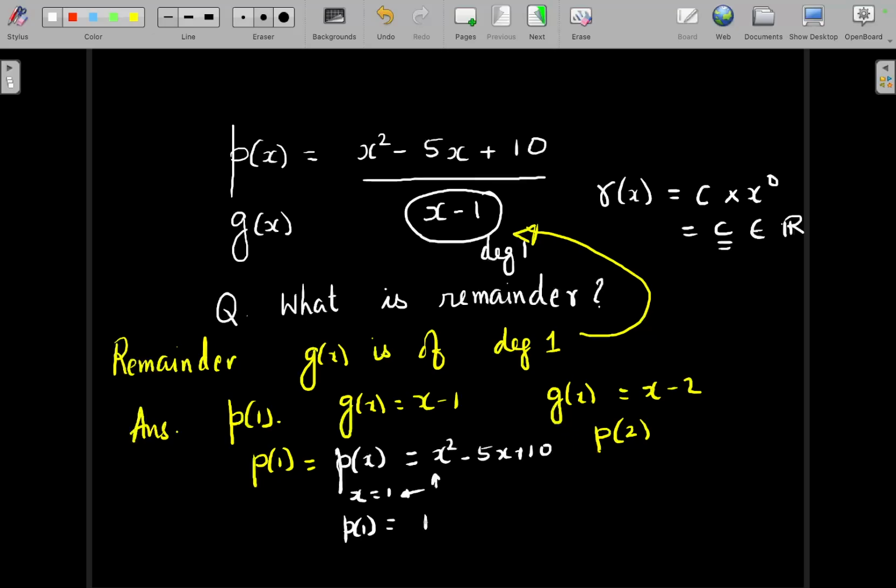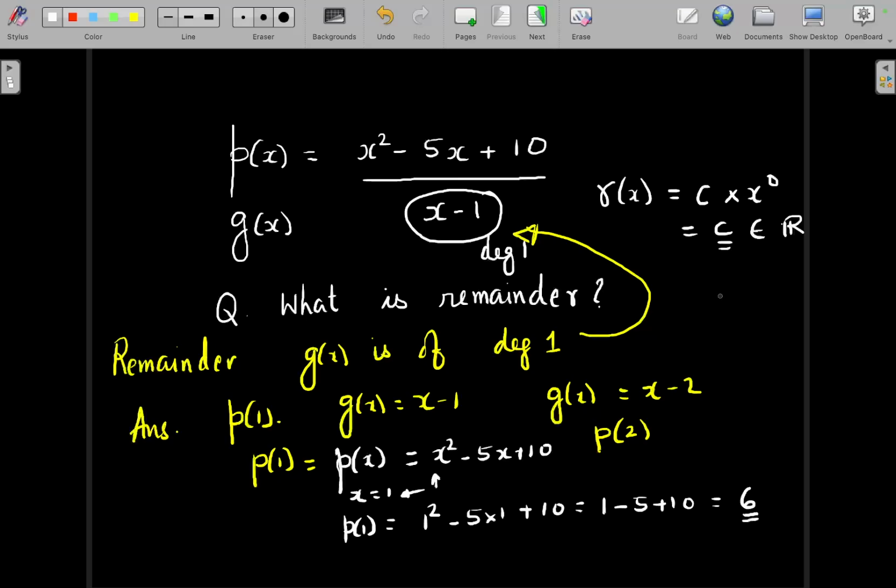And so it becomes 1 square minus 5 into 1 plus 10, which is nothing but 1 minus 5 plus 10, which is nothing but 6. Okay, so what we are saying is the remainder is 6. So this was a very easy way to calculate the remainder.